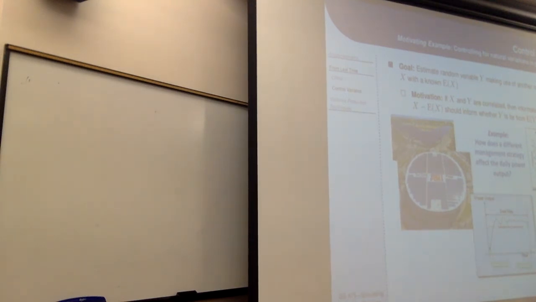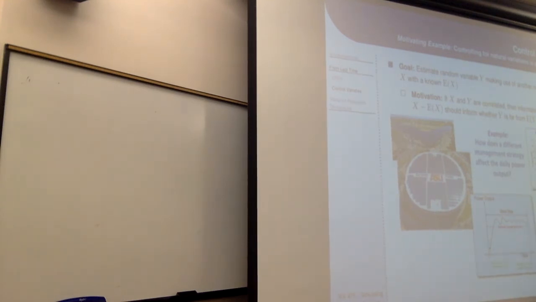I've got a transient simulation where I'm interested in every day, as the sun rises and sets, what the power output might be. So I want to simulate over, say, 100 days and find the average power output per day, something like that. But the problem is that along with my operational strategy, I get variance in my power output also from the sun.